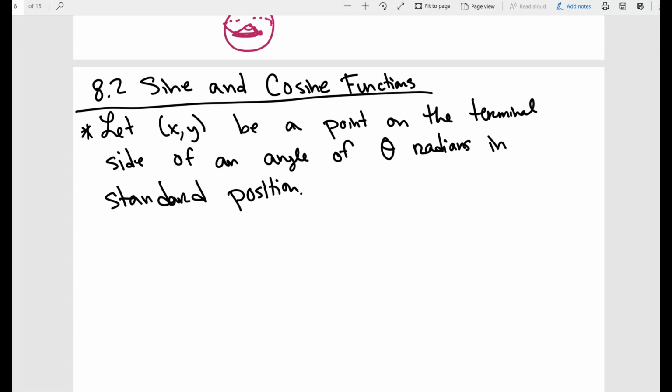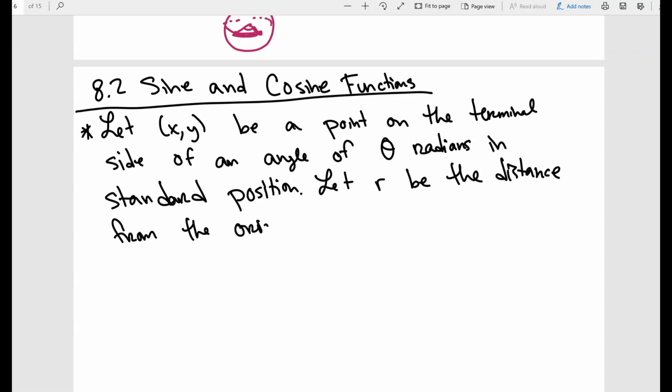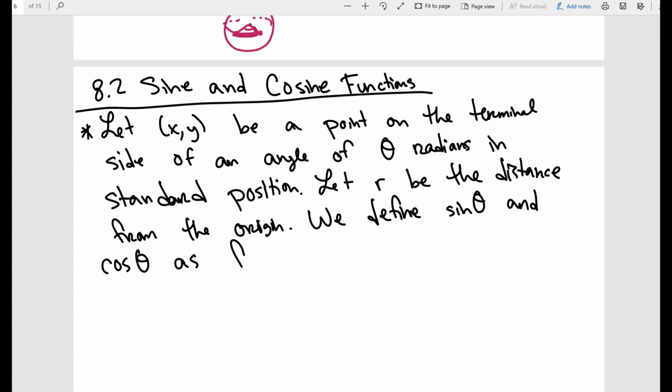Okay, and let r be the distance from the origin, okay, so we define sine of theta and cosine of theta as follows.